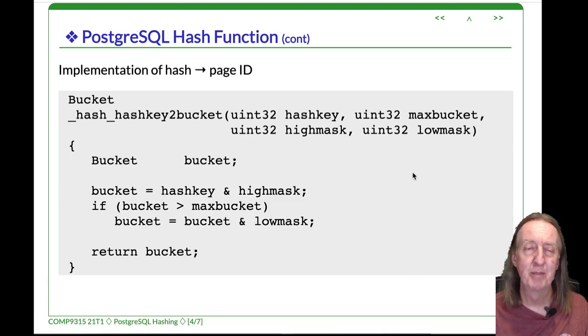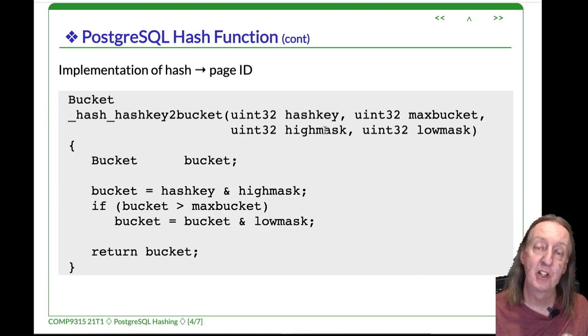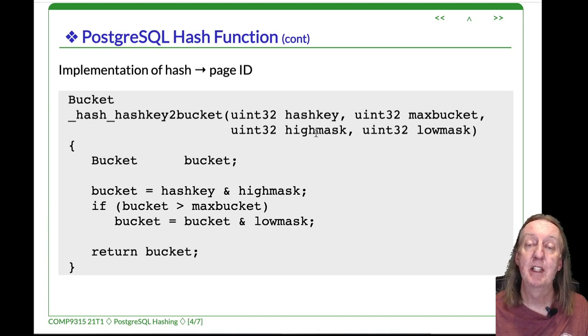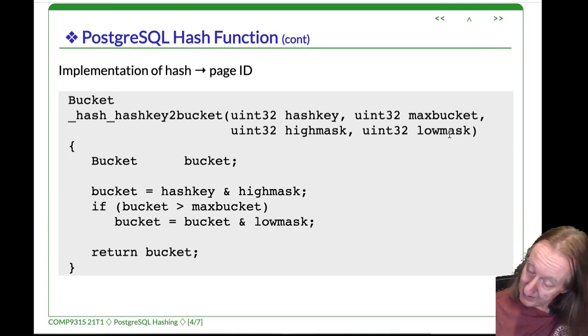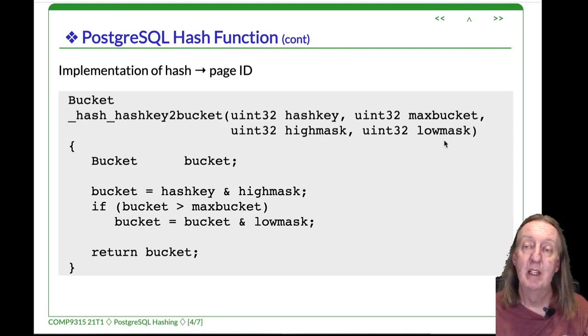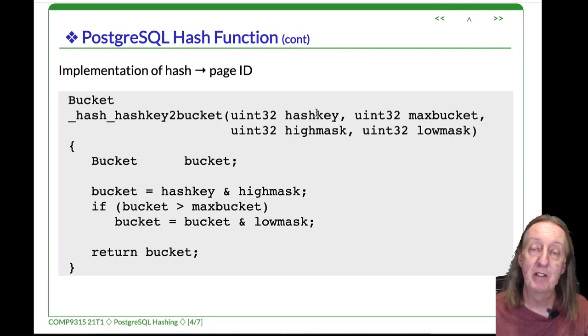Now, Postgres doesn't quite have a notion of split pointer, but what it does have is these high masks and low masks. So the high mask is going to set a certain number of bits, and the low mask will set fewer bits. And so we've got a max bucket value, that's fine, and the hash key itself. So that's what's fed in.